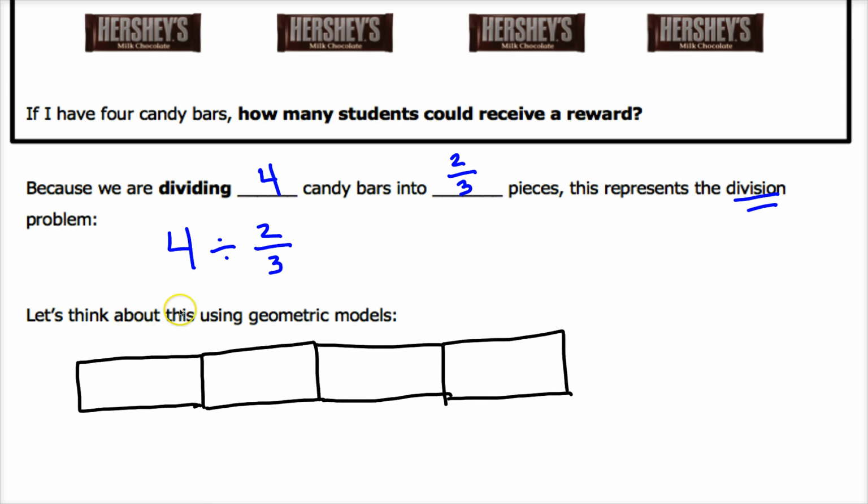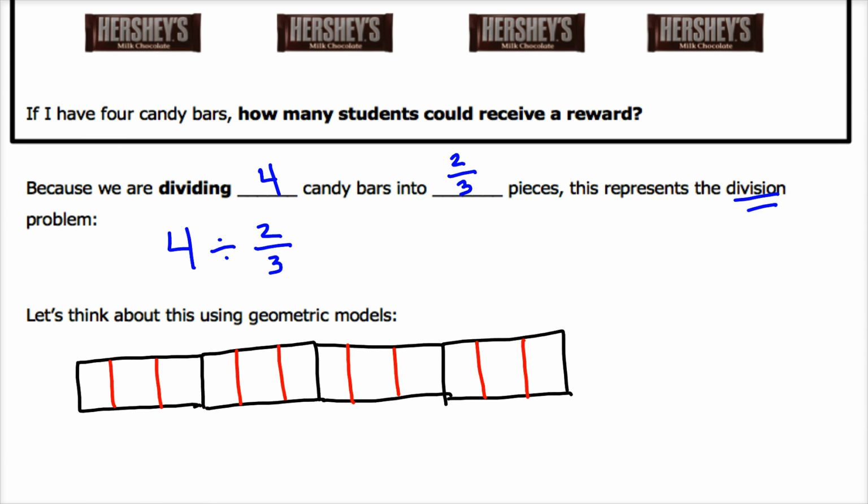Now, because I'm trying to split these Hershey bars into 2/3 pieces, I need to divide each of these single Hershey bars into thirds. So I'm going to split this one into thirds, this one into thirds, and so on for my last two. Now each of my 4 Hershey bars here are split into thirds.